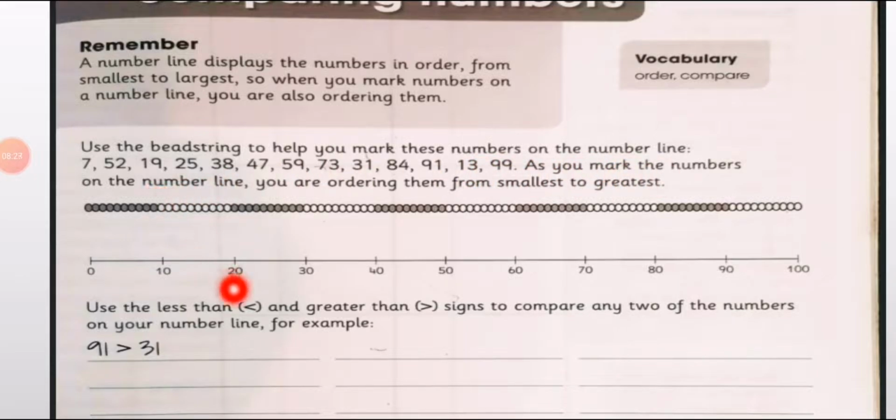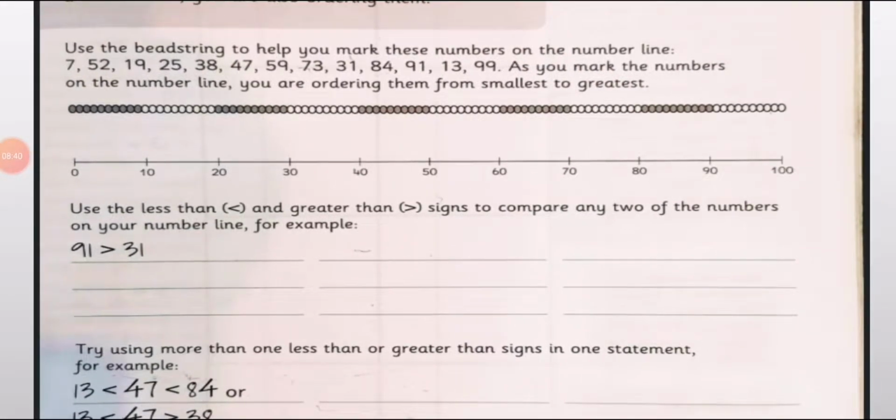These are some numbers we will have to mark on the number line, and we can also count the beads. First we count the beads, mark it and put them on the number line. As you mark the numbers on the number line, you are ordering them from smallest to the greatest.